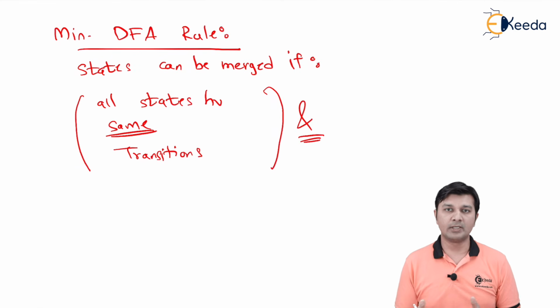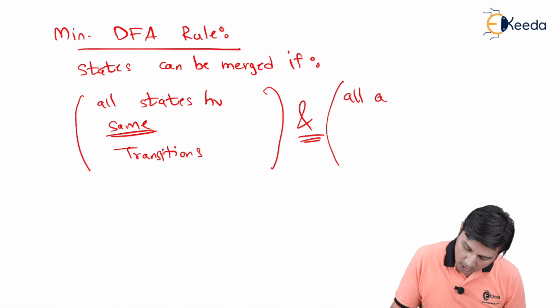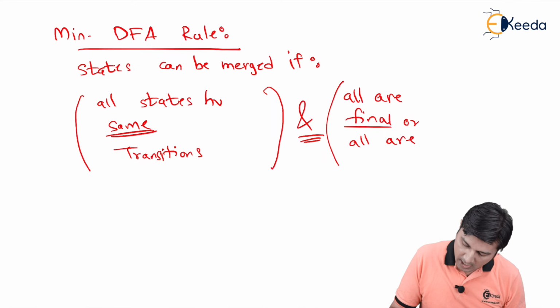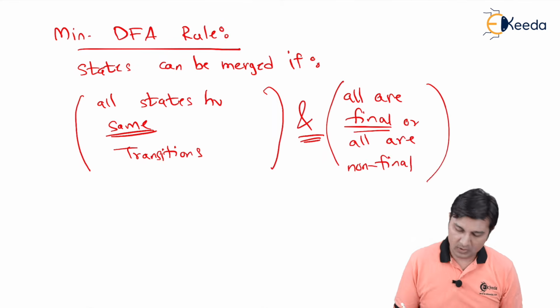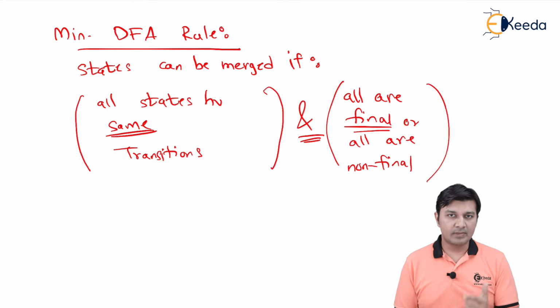And most important, all should be final or all should be non-final. Okay, that's the simplest rule for minimization of a DFA. States can be merged if all the states have the same transitions and all the states are either final or all the states are non-final.